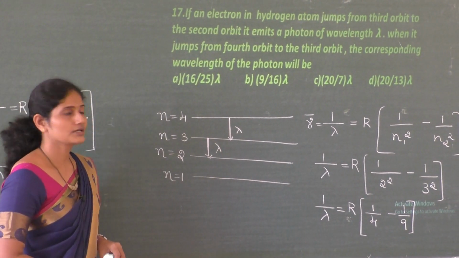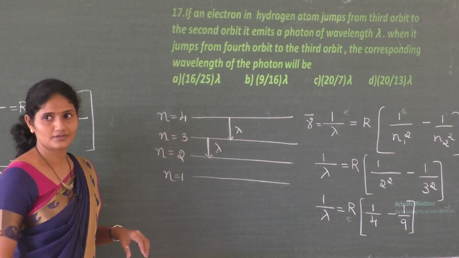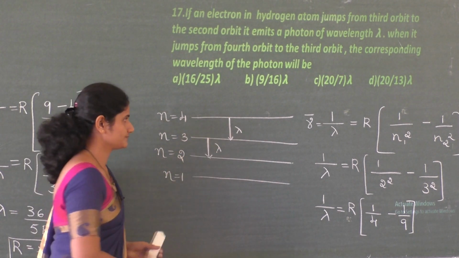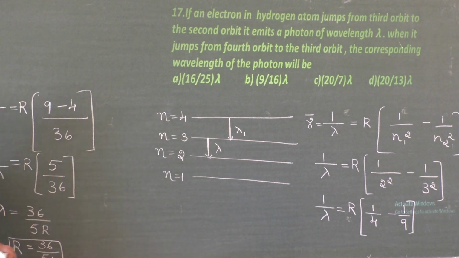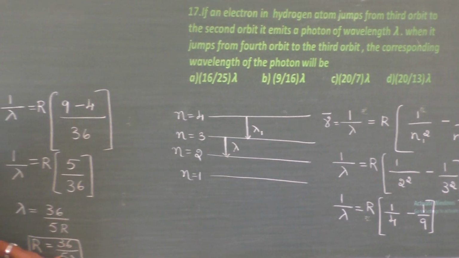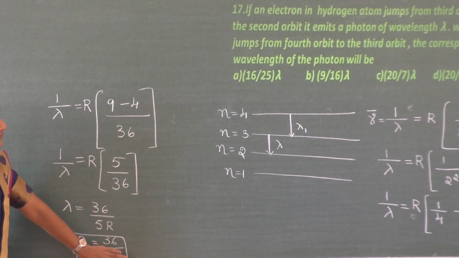I will denote this as lambda 1. So R is equal to 36 divided by 5 lambda for the first case.